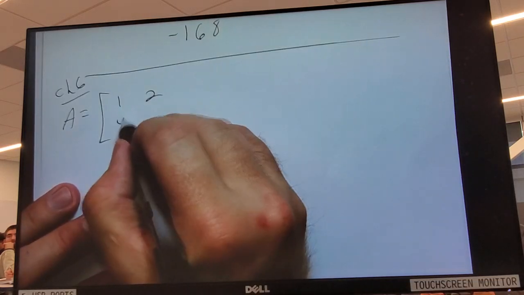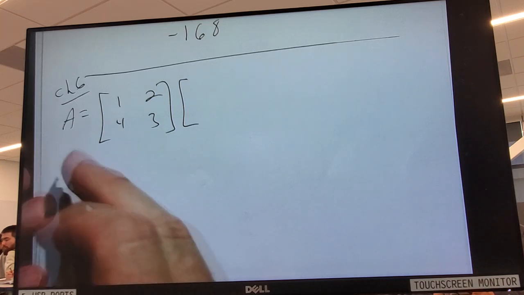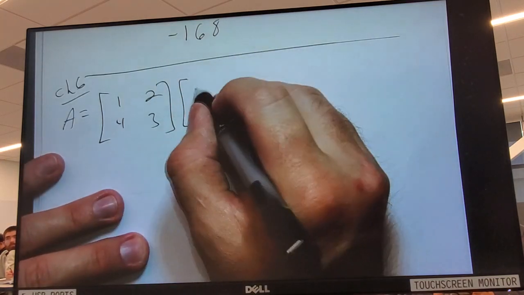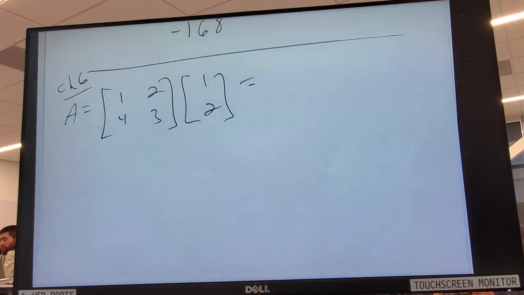If I take this matrix, and let's try to multiply that by this vector. Go ahead and multiply that together. See if I can get a more interesting example.